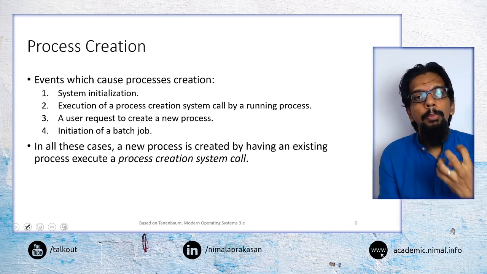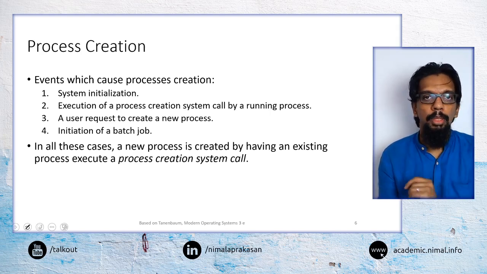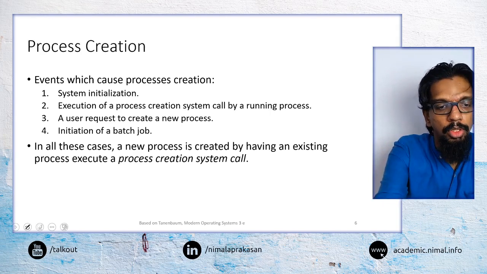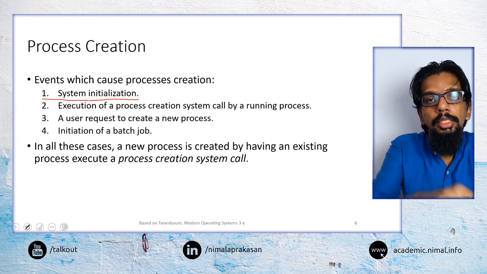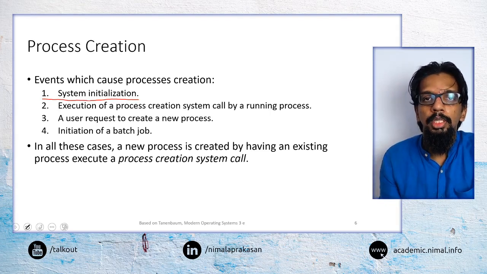So there are a number of common possibilities for how these processes can be created. We'll look at each of them briefly. The first way a process can be created is what we call system initialization. You come to your computer, you switch on the computer, then something happens.